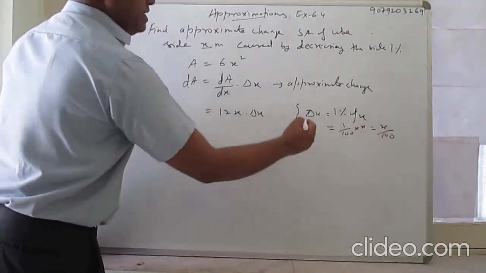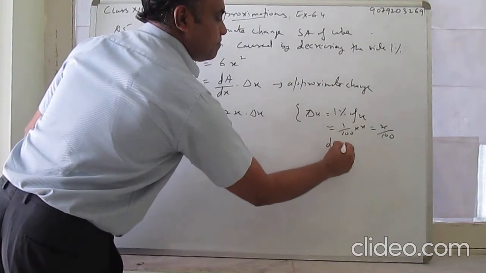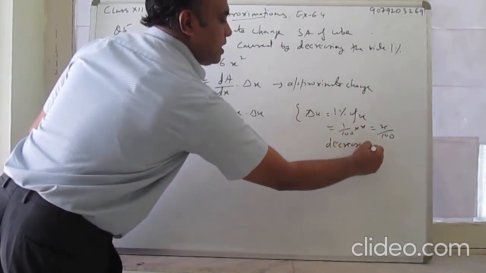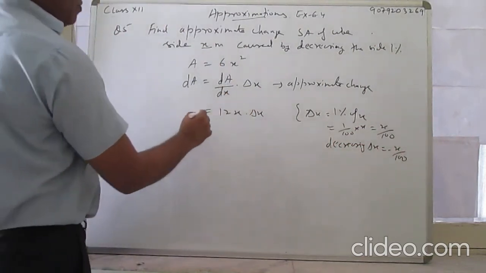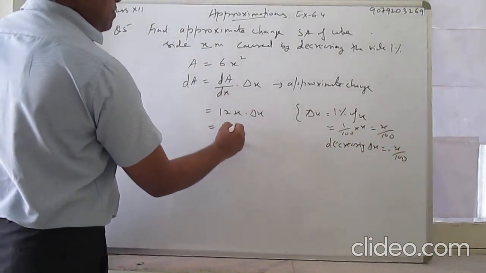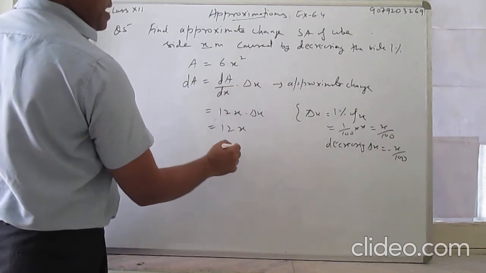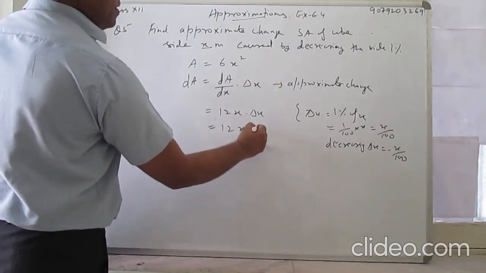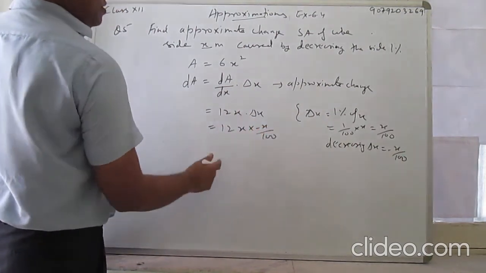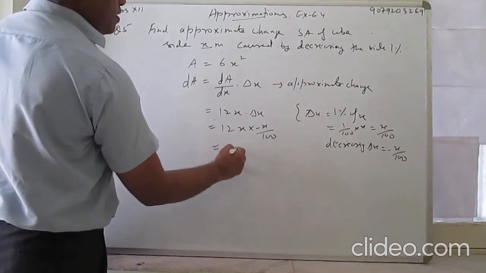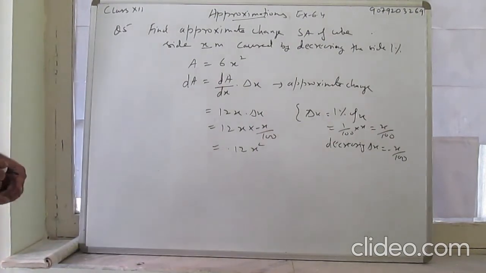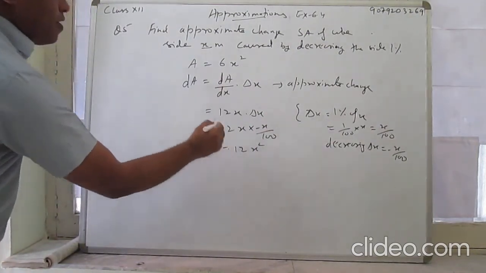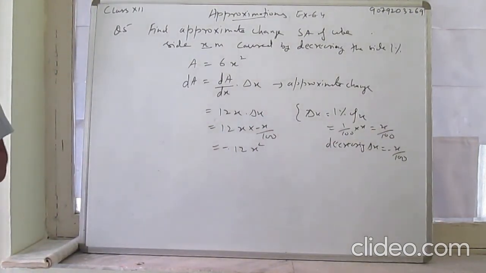Since it is decreasing, delta x is equal to minus x upon 100. Put it here: 12 into x into minus x upon 100. So it is minus 0.12 x squared.